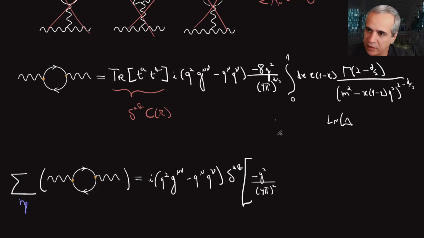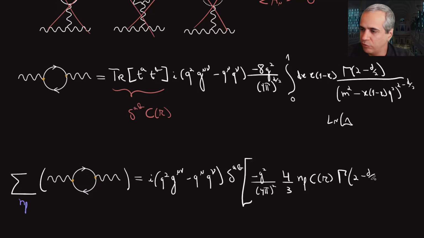Again, there are logs of 4 pi, which I'm ignoring. I want to focus only on the diverging part. So this 4/3 is because this is 1/6, right? Number of fermions, this constant C_R, and then the 2 over epsilon, which is here, right?